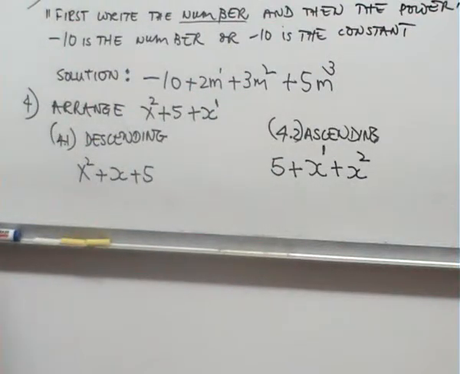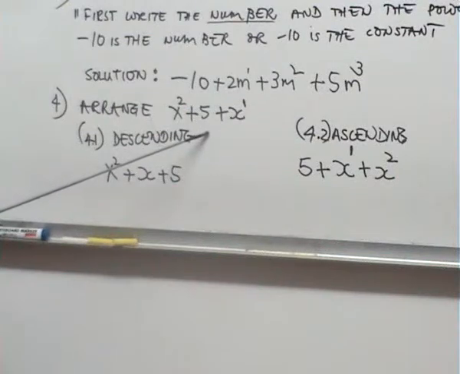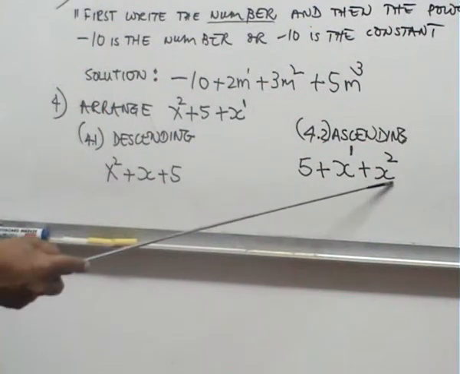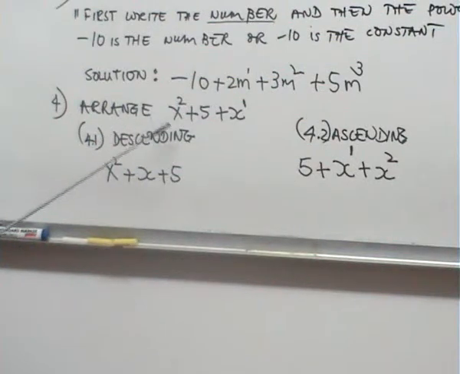So what we're seeing over here is one expression arranged in descending order, then the same expression arranged in ascending order. So it is possible to arrange something in descending order and then rearrange it in ascending order. But like I told you, in maths most of the time we arrange it in descending order. Alright, we'll move on to the exercise now.